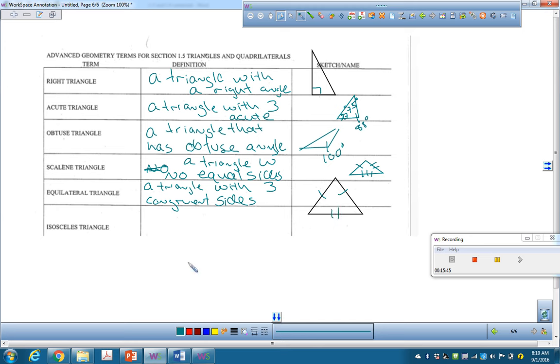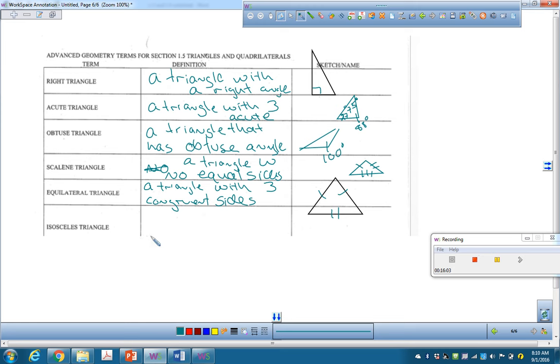And the last one, someone on this side. You have no girls who want to raise their hand? Okay, go ahead, Trevor. A triangle with 2 but not 3 equal sides. Nice. So an isosceles triangle is a triangle. Well, it looks like from that picture that one with 3 equal sides is an isosceles triangle, right?